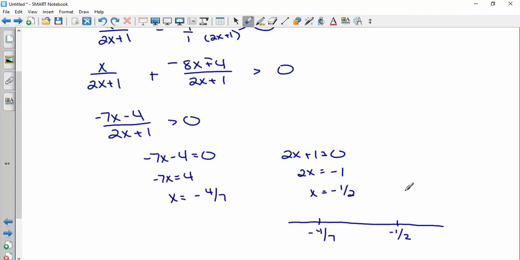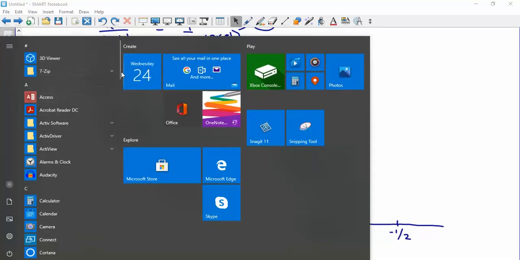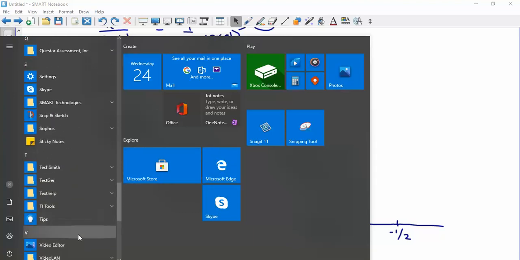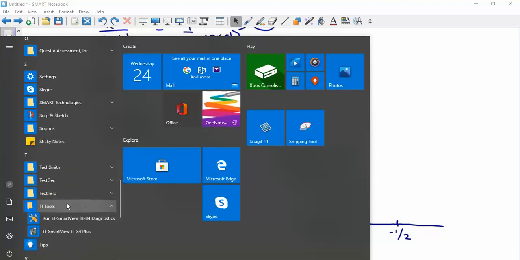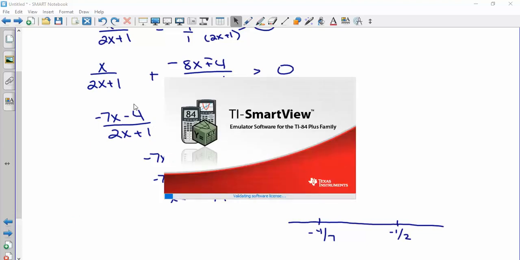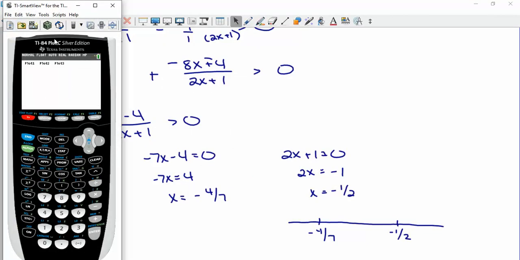Alright, we make our sign line. You can pick test points. A lot of you preferred to graph. However you go about that is fine. On the graph, you want to make sure you graph the piece right here when we had the single fraction with parentheses around the top and bottom.